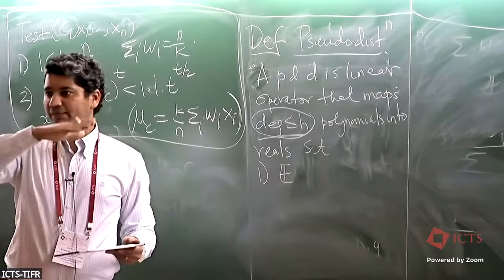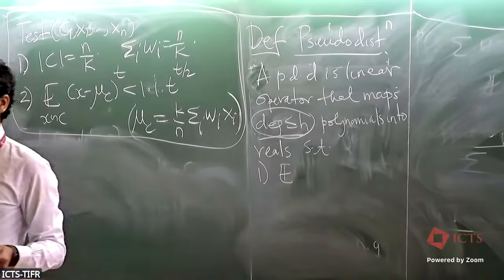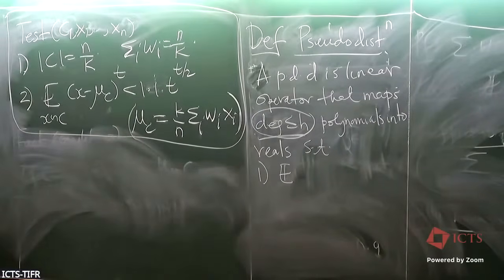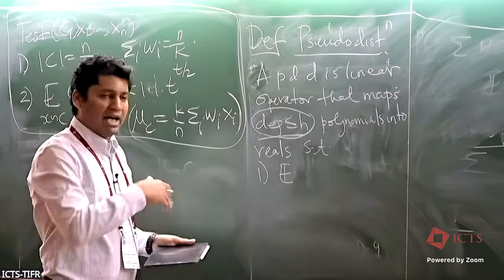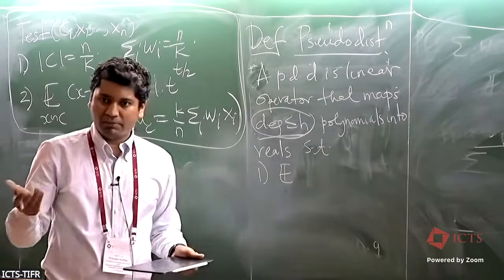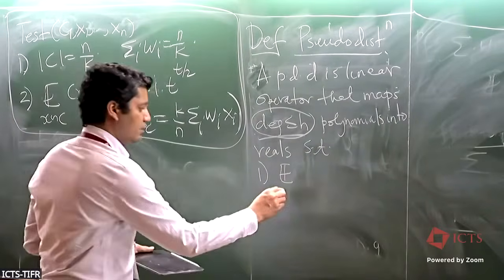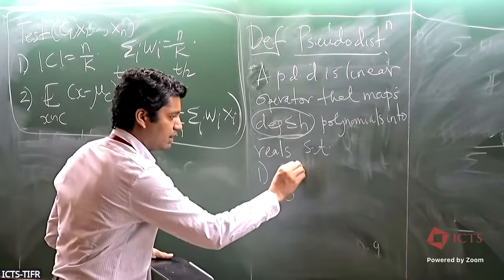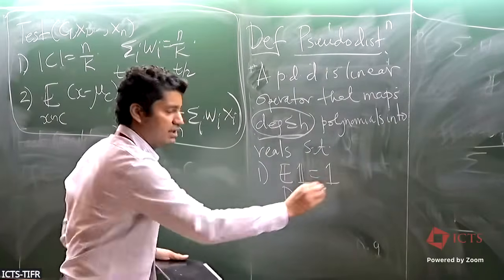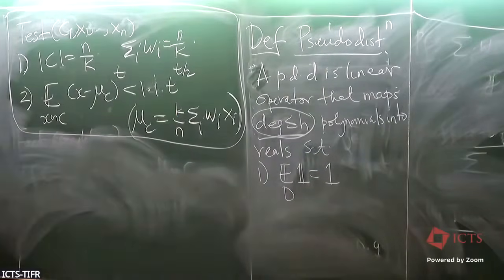Linearity means that if I take any polynomial, then the value it will get will be the appropriate linear combination of the values I give to monomials. That's all the definition is, but I'll continue to use the notation as if it was a distribution, because we can maintain the analogy to the argument on the left-hand side. So the expectation of the all ones function, which is a degree 0 monomial, would be 1.